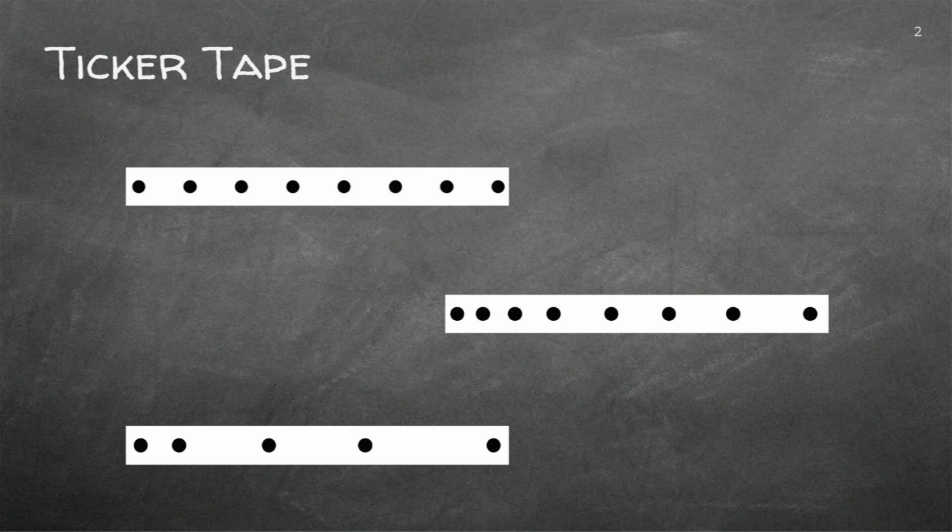And I've got three timer tapes in front of you. Have a look. Can you see that the first one has equal spaces between the dots? That would mean that it's going at exactly the same velocity. The velocity is constant. And if the velocity is constant, the acceleration is zero.